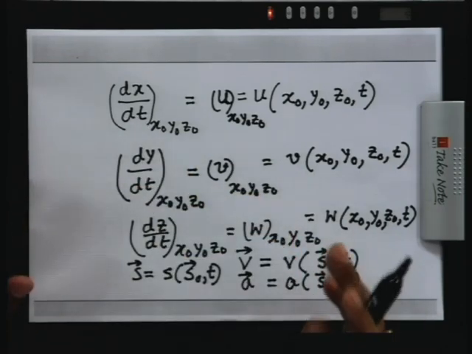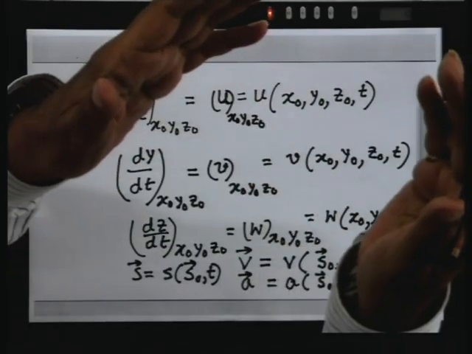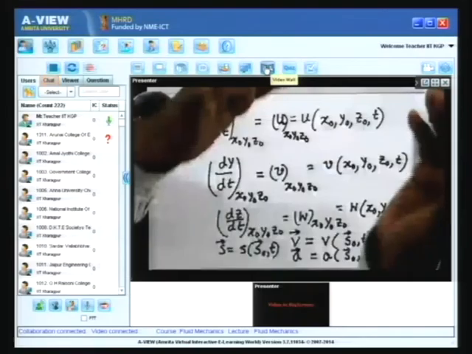Try to understand that the position of the particle, the velocity and the acceleration are found for each and every individual particle, and this way all the particles constituting the flow are taken care of to describe their trajectory, velocity, acceleration, all the kinematic information. This is the Lagrangian approach.